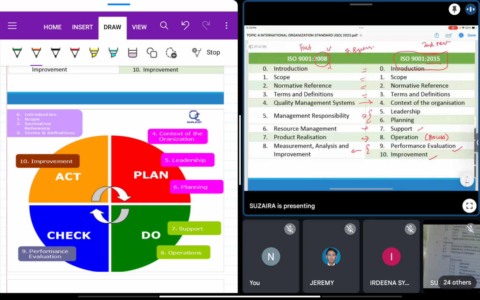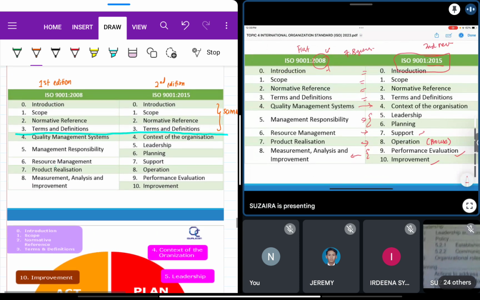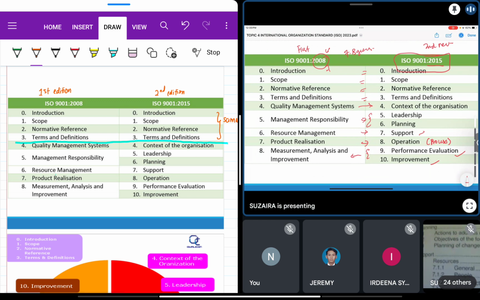Then you have support here, and then you have documentation, many things. Then operation here, and at the back you also have the content for performance and improvement.